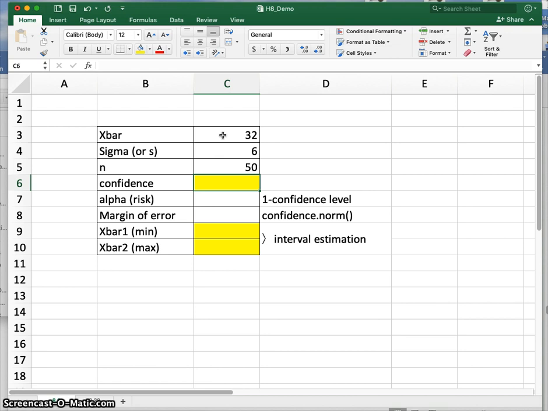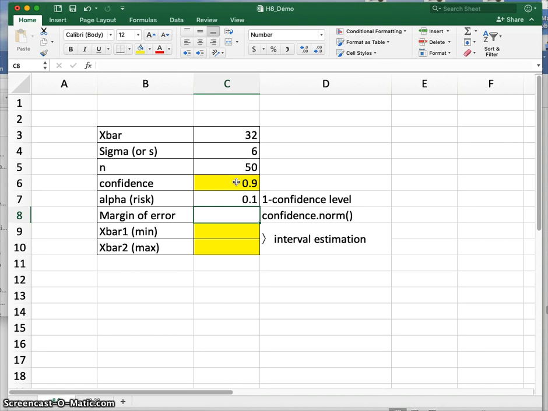So we'll plug in 90%, that's 0.9, that's our confidence level. Now alpha is always 1 minus the confidence level. So in this case what we're saying is we're 90% confident, so we're 10% unsure.